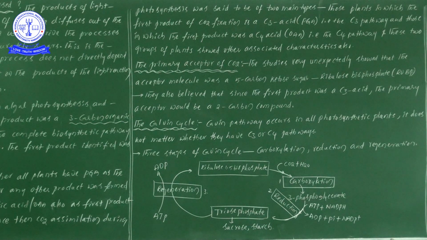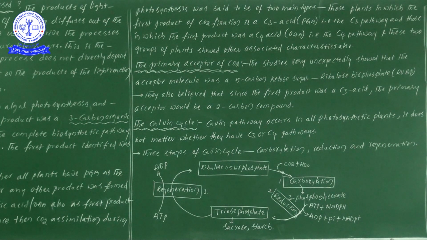Now in this class what we have learned is where exactly ATP as well as NADPH are utilized, and how many photosynthetic pathways there are. We have confirmed that there is a C3 pathway and a C4 pathway, two different types of pathways.